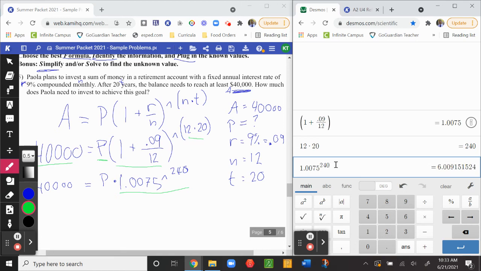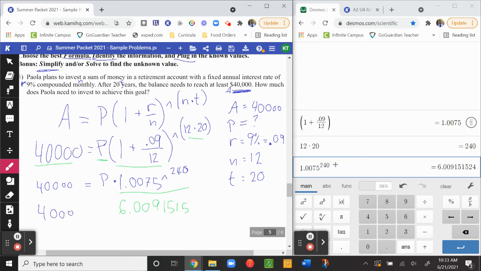I don't want to round it too much since I'm not done with the problem yet. So I'll simplify this as 6.00911515. So now I've got 40,000 equals P times 6.00911515.